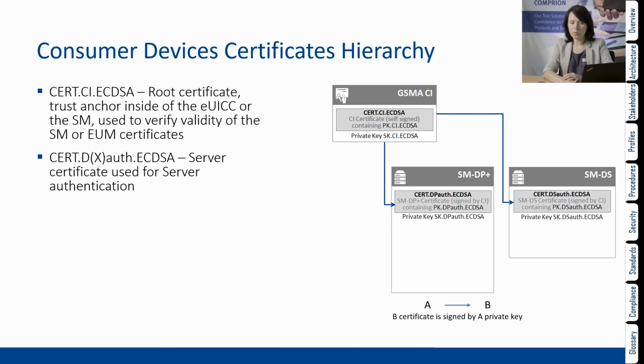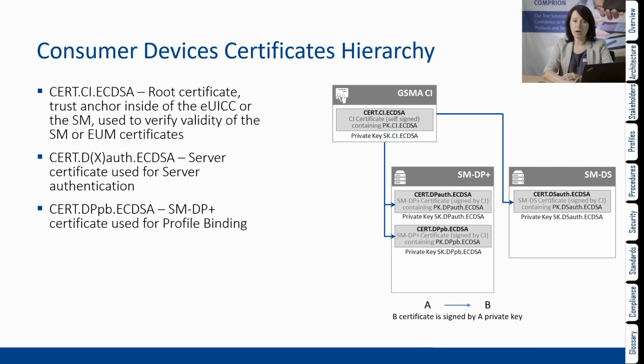With its corresponding private key will be stored on the server side in the secure part, and the public key can be made available for this authentication purposes only. So as you probably can already guess, these certificates will be issued only to the parties which are certified according to the GSMA procedures.